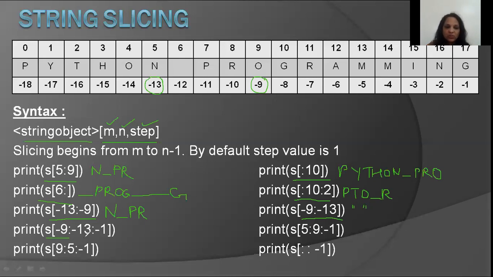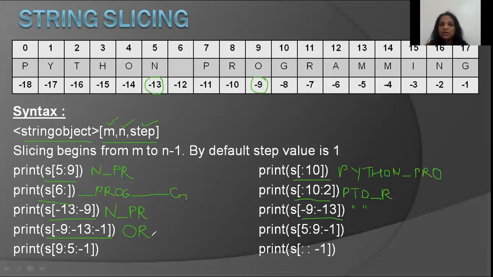Now coming to this one. Minus 9, I have to go to minus 13. But they have said step value minus 1. Now, minus 1 means I'm not going in the right direction. I'm going in the left direction, and it is possible. So I get the element at minus 9, which is O. And minus 9 minus 1, which is minus 10, which is R. So remember, now I'm getting things in reverse order.